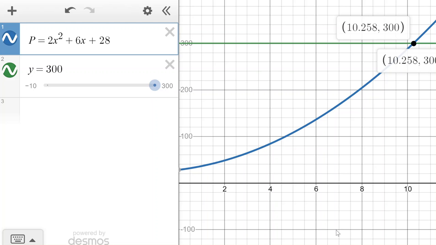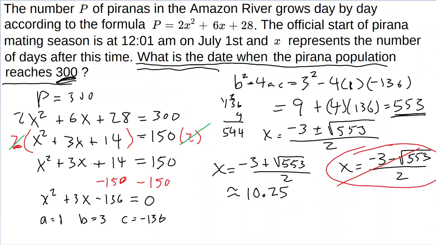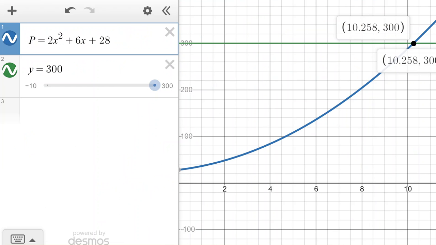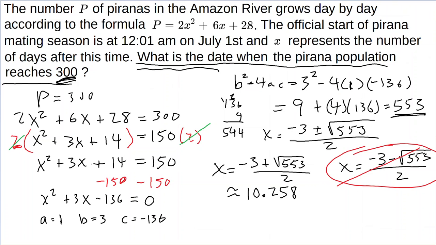So let's go back to the problem and put that in, 10.258. So we have to interpret what that means. First of all, it's positive, so that's good. Let's think about what the date is going to be. If x is 10.258, what is the date going to be on this day?